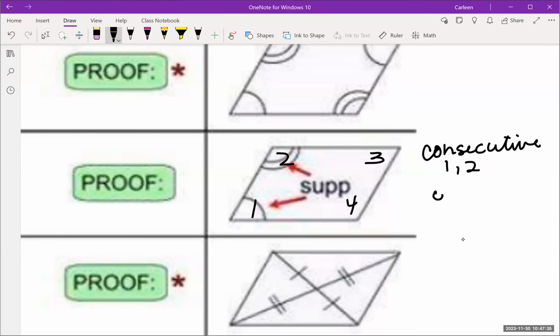So we have consecutive and we have opposite. 1 would be opposite 3. Consecutive means next to each other, and opposite is the one across. You will see both of those words. 1's consecutive to 2, 1's also consecutive to 4.